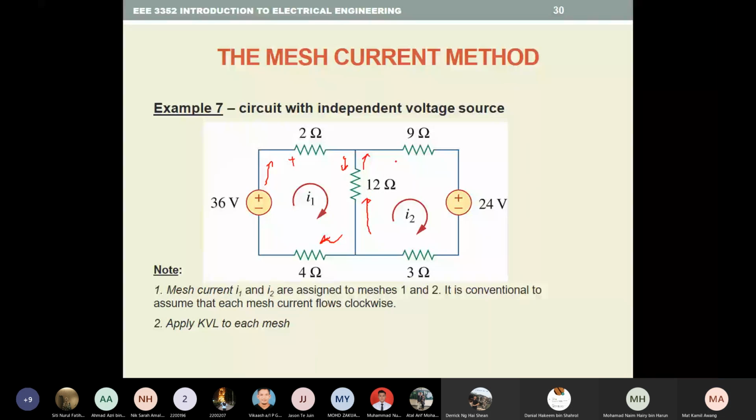Minus I2 times 9. Going in here, so minus 24 minus I2 times 3 equal to 0.